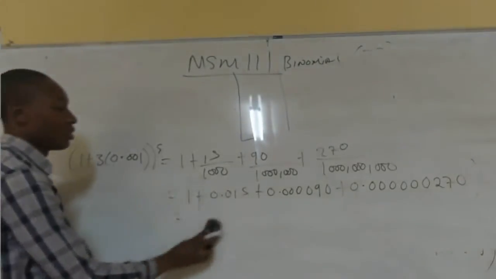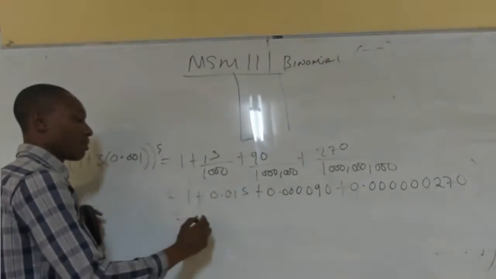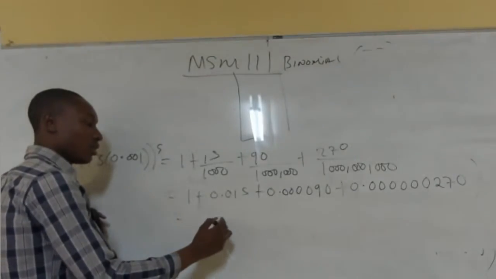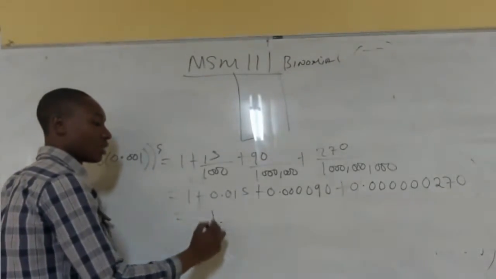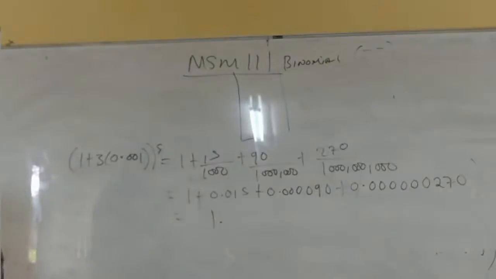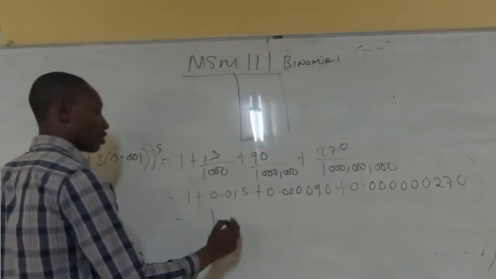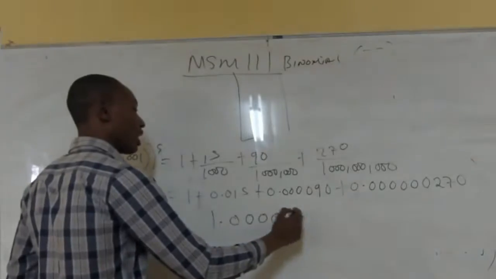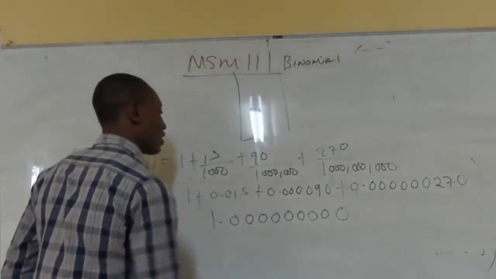In case you are not using a calculator, this is the same as 1 point, and the last one has about 9 decimal places.